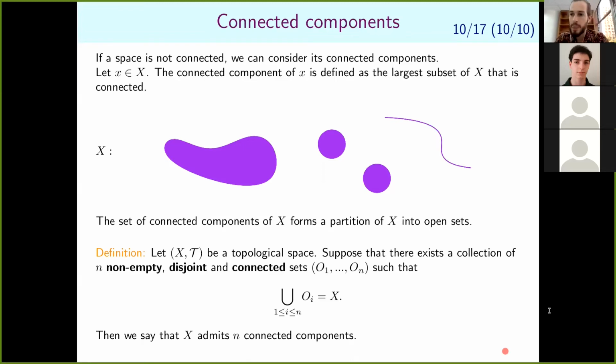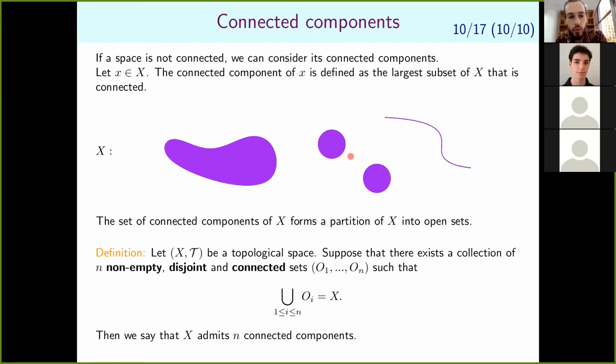I will rephrase this once more. This ball seen in the plane is not open, but seen in itself, in the topological space endowed with the subspace topology, it is open.